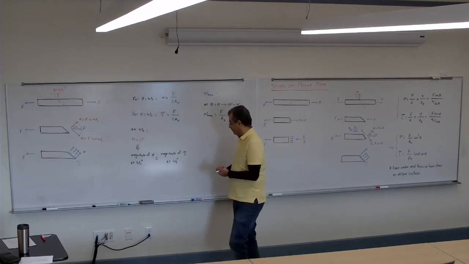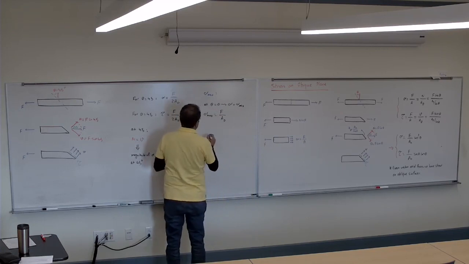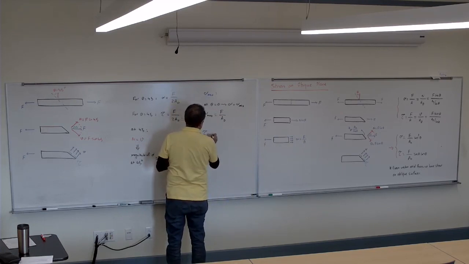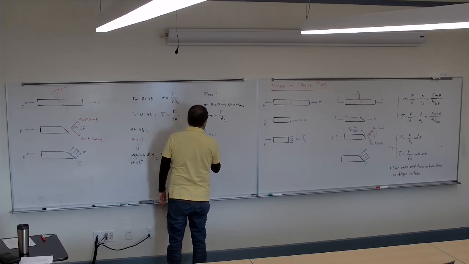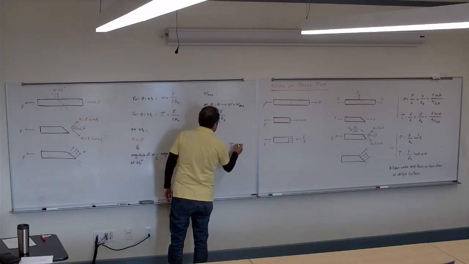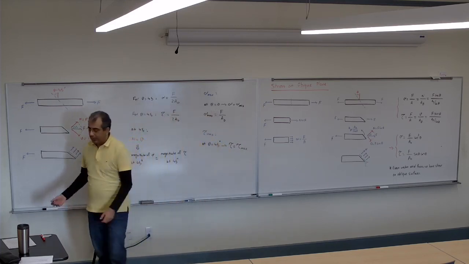What about the tau max? 45. So at theta equal 45 degrees, the tau will become tau maximum. And how much is the tau max?